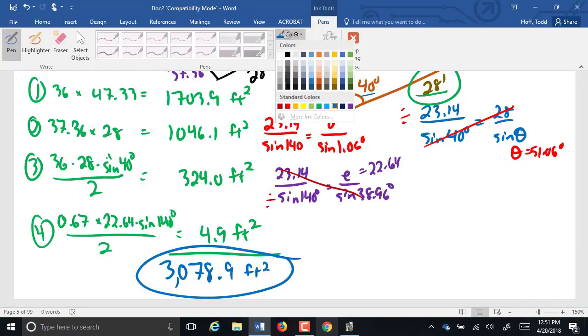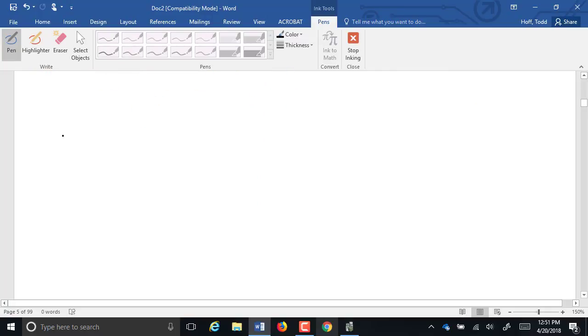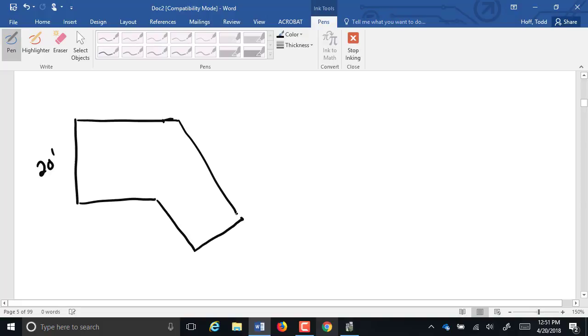Okay, so in your notes, I want you guys to try this. We're gonna go 20 feet here. 120 degrees for this angle.